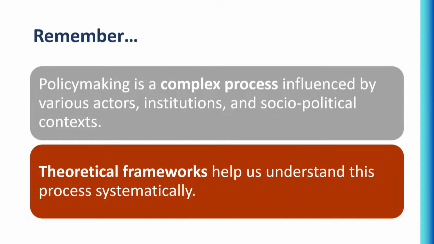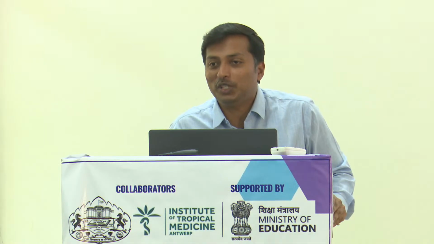Now remember, policy making is a complex process influenced by various actors, institutions, and socio-political context. And that's why theoretical frameworks help us to understand the process systematically. We need to have some kind of a framework. There has to be some theory, because it might look simple.